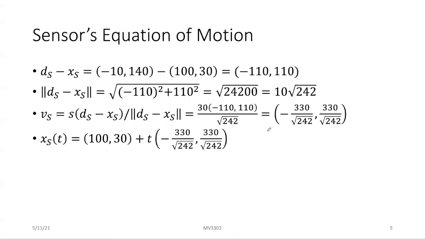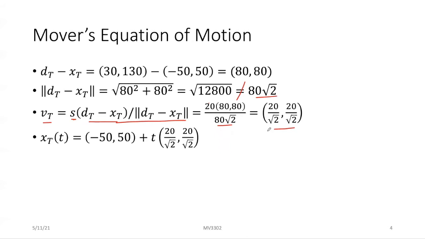And again, remember that you always want to carry your calculations to as many decimal places as possible. And so we don't want to round off here. If you round off too early, then the round off errors tend to accumulate. So our equation of motion for the target is (-50, 50) plus time times (20/√2, 20/√2).